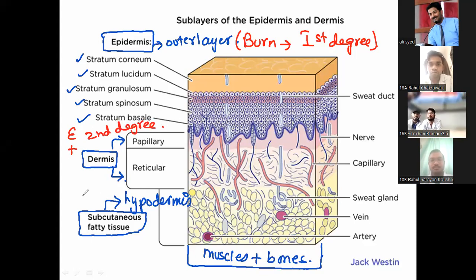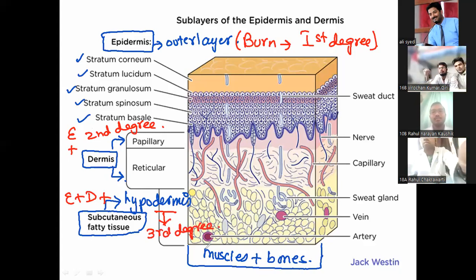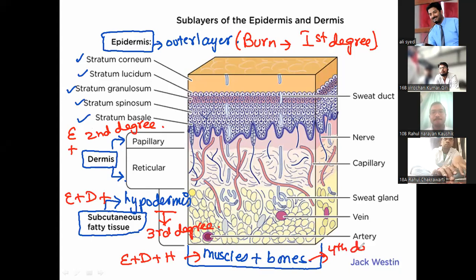If the burn is involving epidermis plus dermis and hypodermis, it is known as third degree burn. And if the burn is involving epidermis, dermis, hypodermis, and also the muscles and the bones, it is known as fourth degree burn.